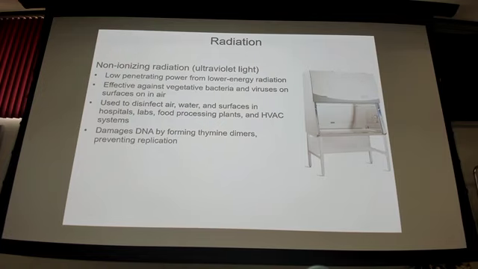And this mechanism is generally a little bit different. You're not inducing double-stranded breaks in DNA like you get with ionizing radiation. But it does cause some weird changes in DNA, like thymidine, which if you remember that structure, is a pyrimidine with a single ring structure, so it lays very flat.